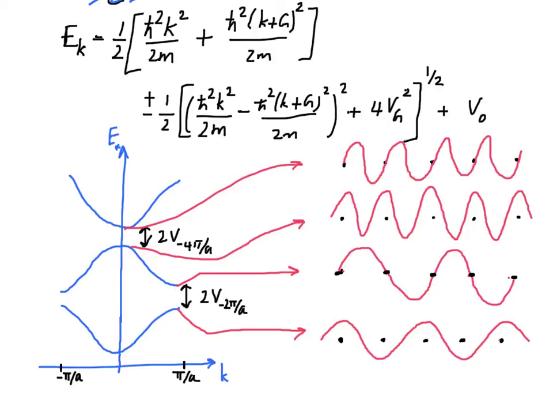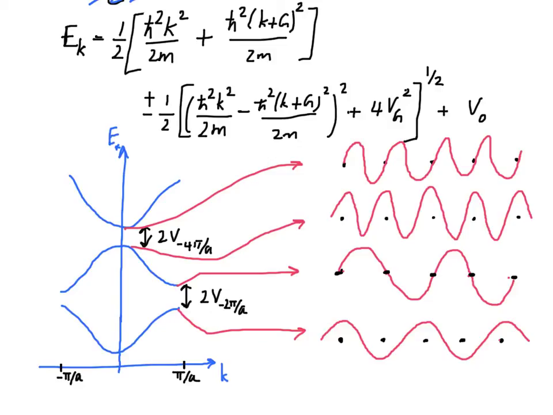Something a little bit different happens as you go to the higher level over here, right? So that again has essentially the same symmetry as this one. This wave function over here has the same symmetry as this one in terms of the nodal structure, except that the nodes are now on top of the atoms, right?